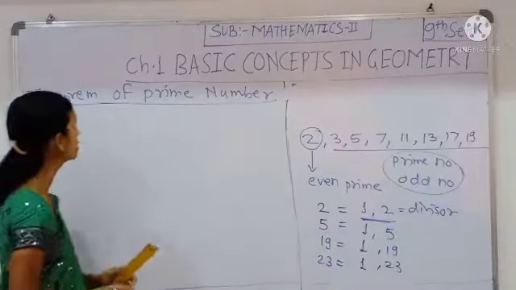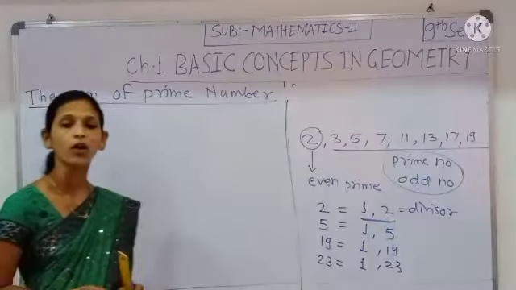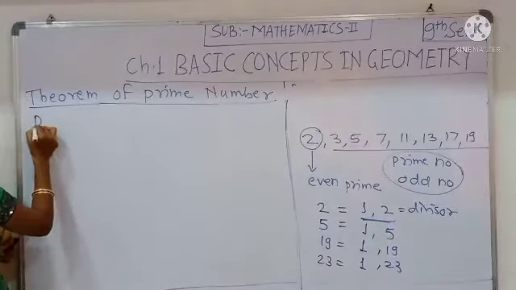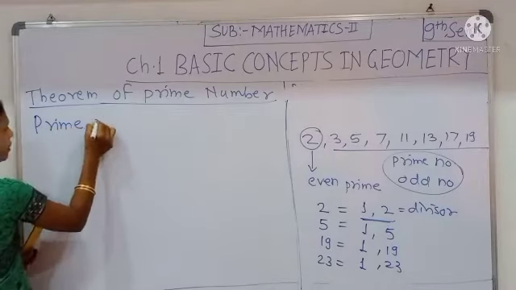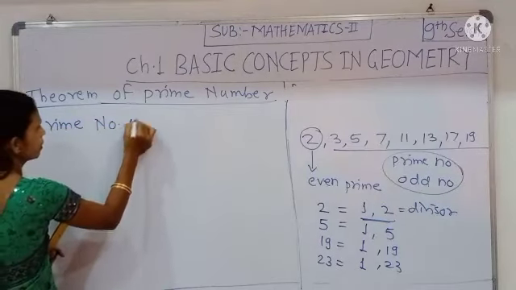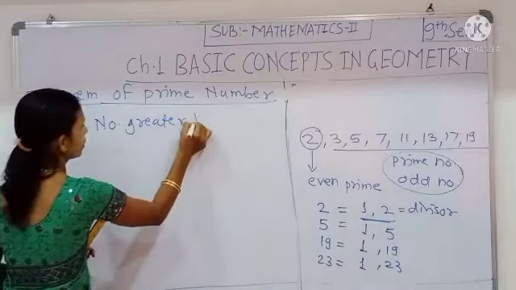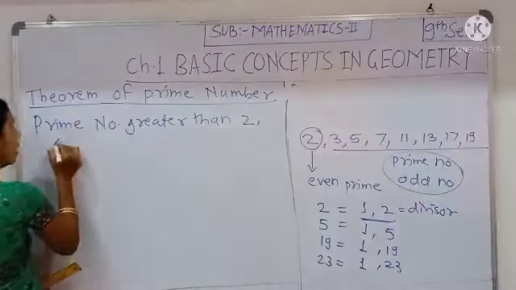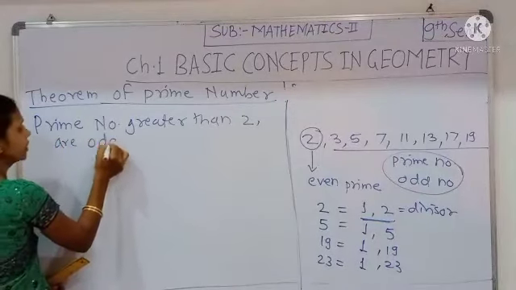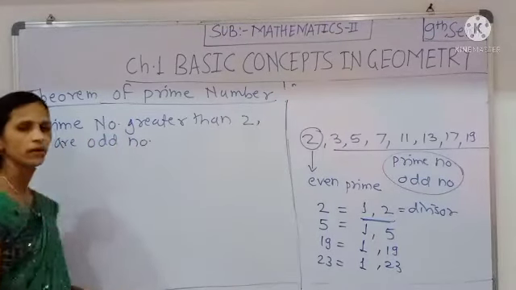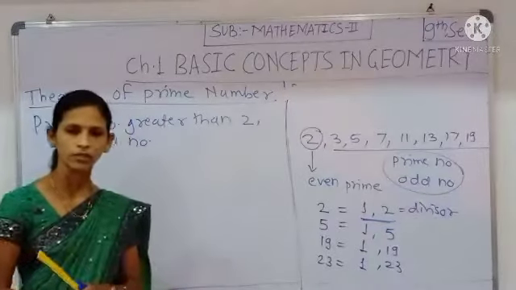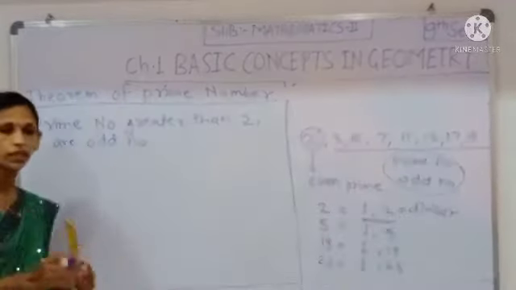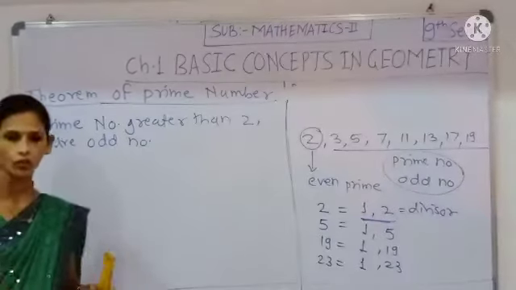Then see here, the property of prime numbers: prime numbers greater than 2 are odd numbers. That means, see here, first we convert this statement into if and then form.